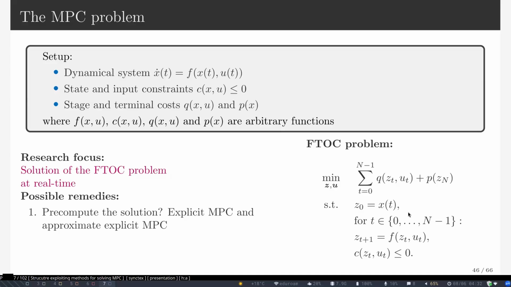So there are different ways of getting around it. We might want to pre-compute the solution, so really build a lookup table. Sometimes problems have this structure: quadratic problems with linear dynamics have the property that their solutions are parameterized as a piecewise linear function. But then you have to store all these weird regions that the piecewise solutions define.